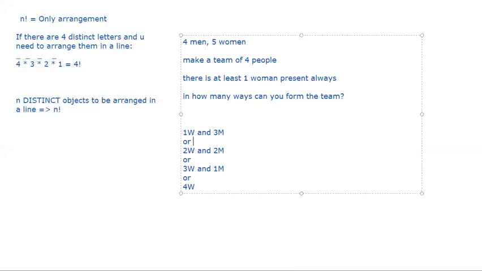For one woman and 3 men, select one woman from 5 women, 5C1, and multiply by selecting 3 men from 4 men, 4C3. That's the first one. Next, plus 5C2, 2 women, and 4C2.